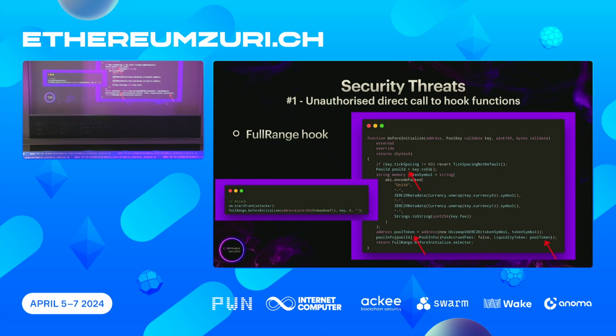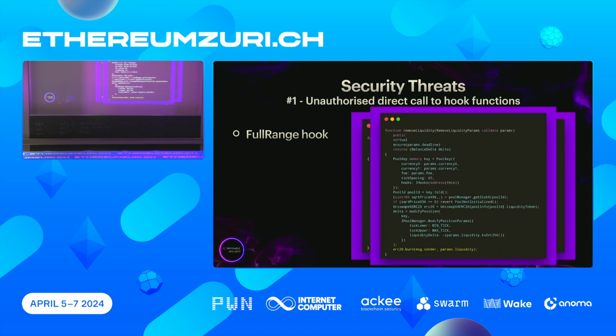If you look in this function, it does one main thing. Whenever you initialize a pool, it creates an ERC20 token that tracks the balances of the liquidity that was added to this pool. So when you try to withdraw your liquidity from the pool, it simply tries to burn this ERC20 contract's tokens and give you your liquidity back, right?